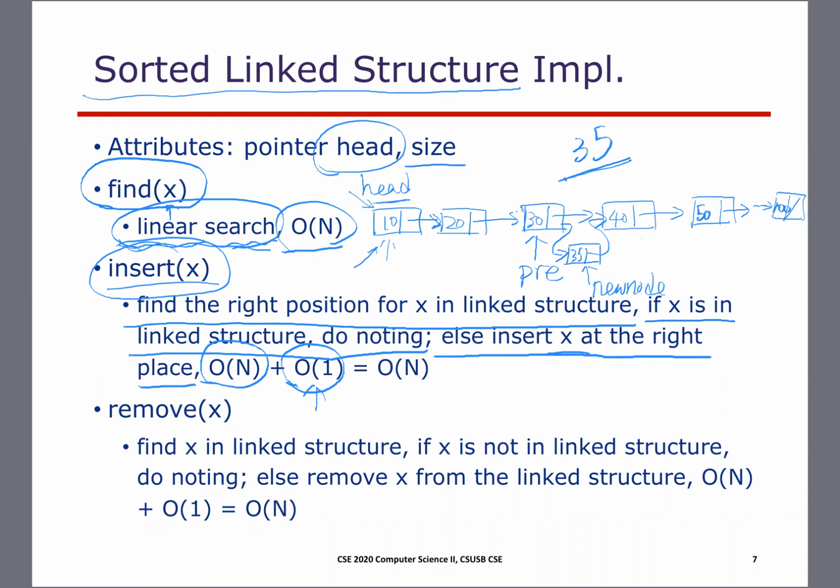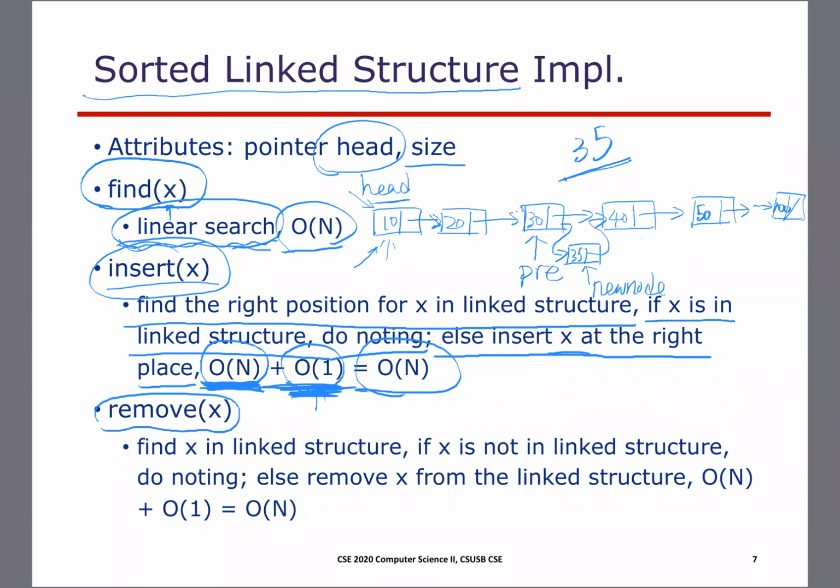So now in the linked structure, we add a new node. This time complexity is constant, big O(1). No need to shift n elements. So finding the right position for X and inserting X is big O(n) plus big O(1), and we still get big O(n), linear time complexity.